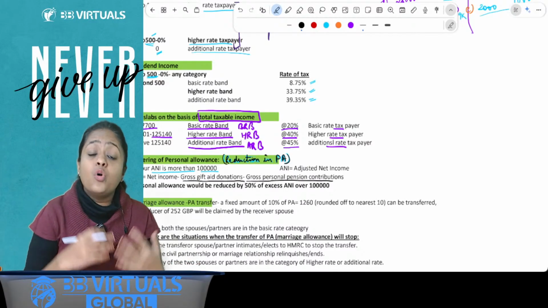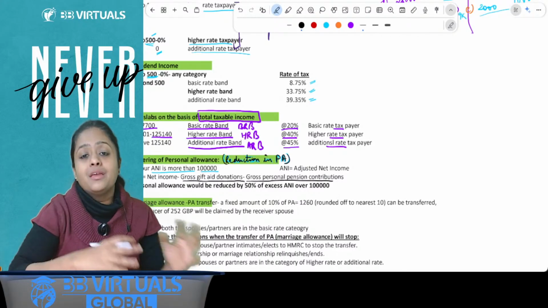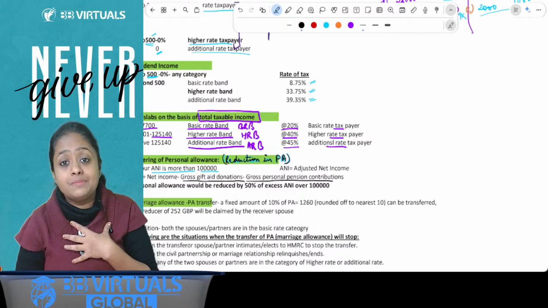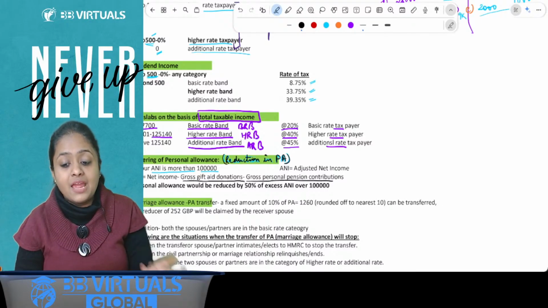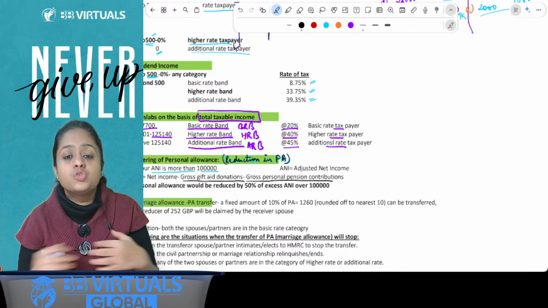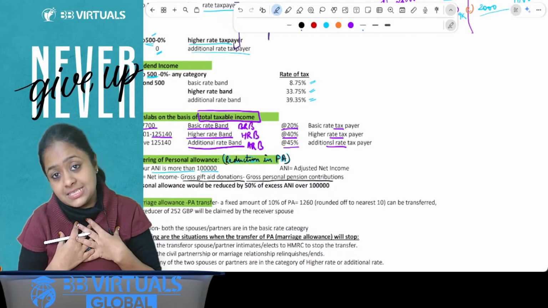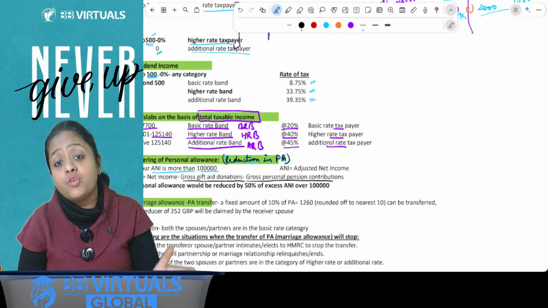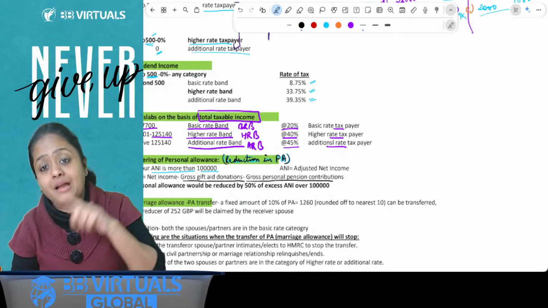So when I enroll with any of those schemes, that is my personal pension scheme, because I'm not enrolled in those schemes by virtue of my employer. I have enrolled in them myself, right? So that becomes my personal pension scheme. Now that amount will come here.